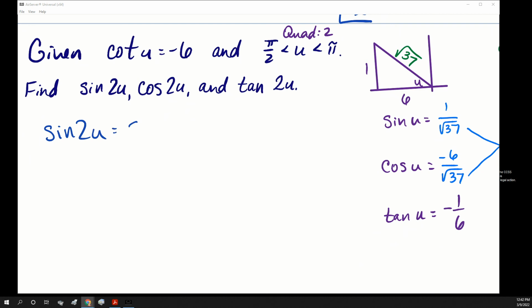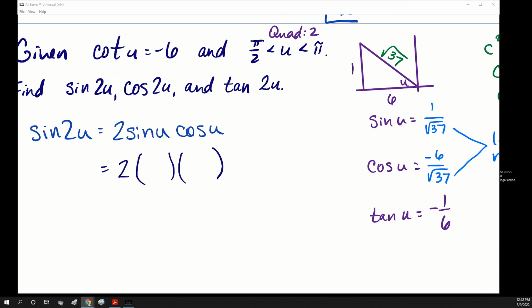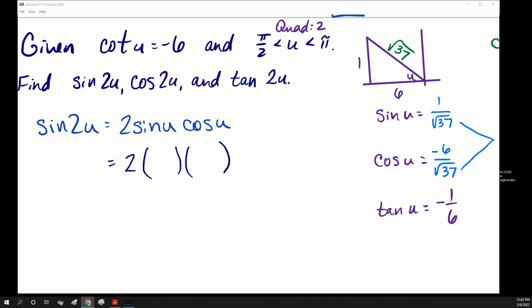I'm just going to write out the formula. And then we already figured out what the sine of u and the cosine of u are, so I'm just going to fill those in.